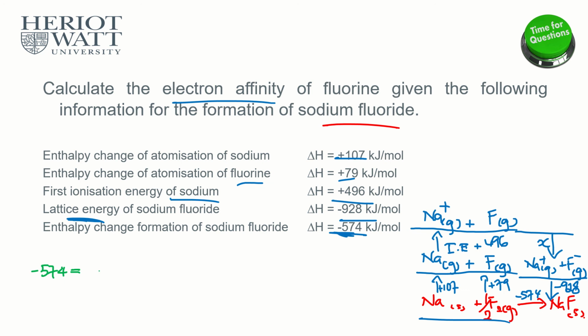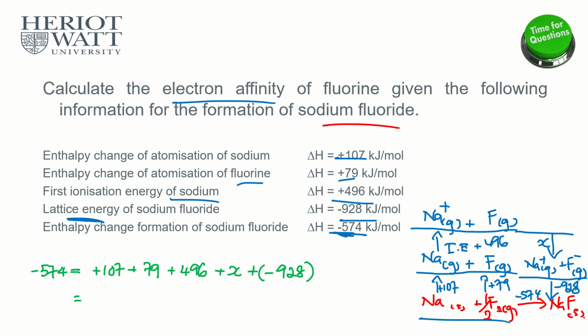So positive 107 plus 79 plus 496, see that, ionization, and then plus X, which is the electron affinity, and then plus negative 928. All right, now from here you will get the answer.